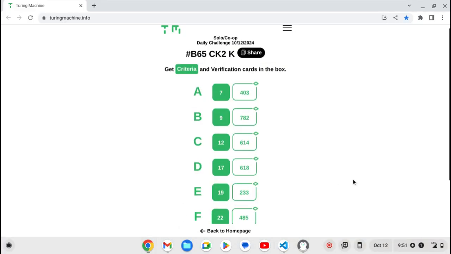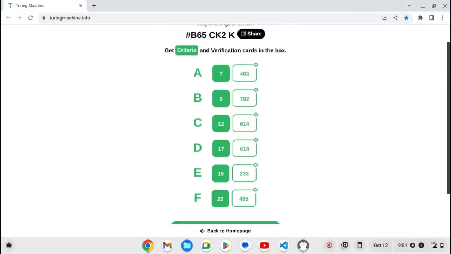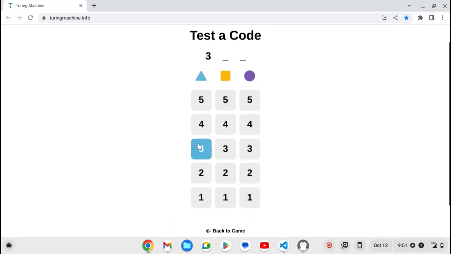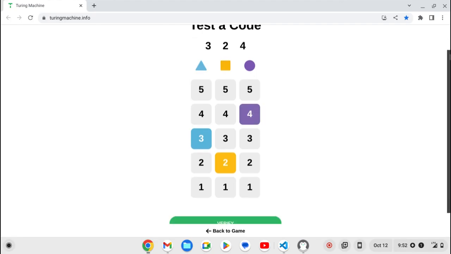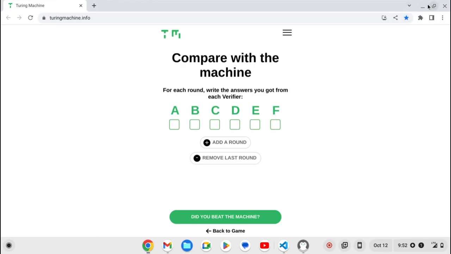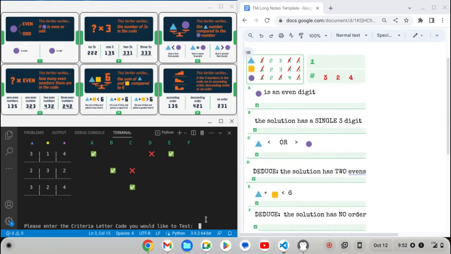3, 2, 4. So 3, 2, 4. Yep, that is a solution. Now, how do we do versus a Turing machine? Well, it was unfortunate that we had to go to a quick third round, but let's go ahead and see.